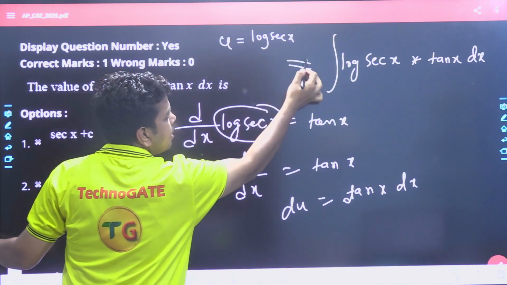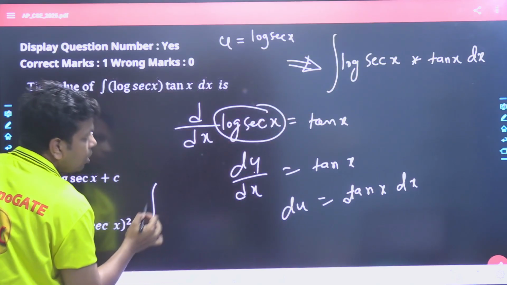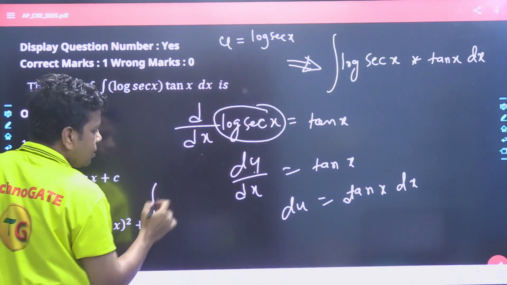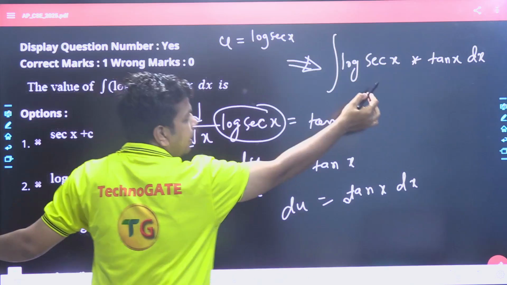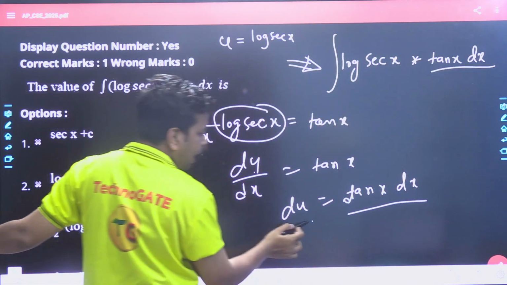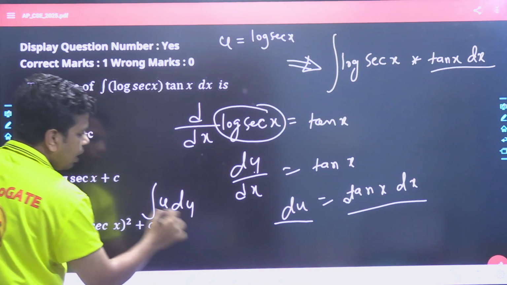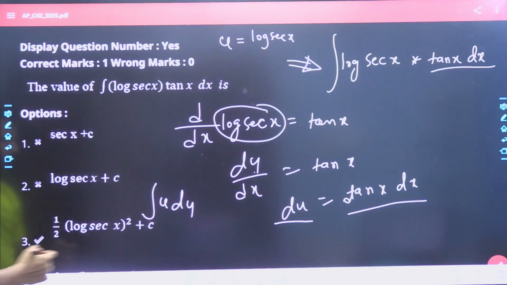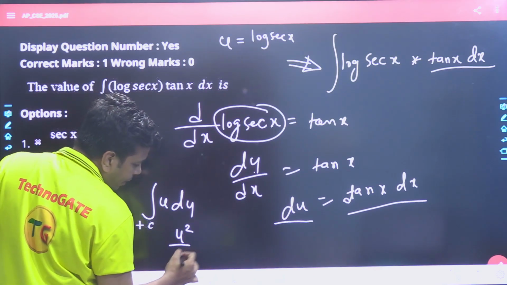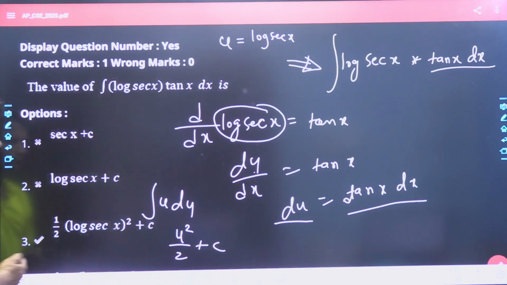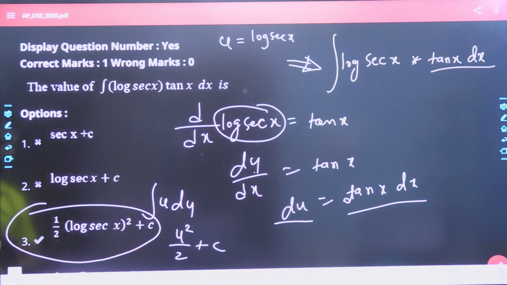In this particular equation, in place of log sec x just put u, and in place of tan x dx I can put du. Now I need to take the integration of u, so the integration of u is u square by 2 plus constant c. Now in place of u again put the value log sec x. So can we go with this answer?